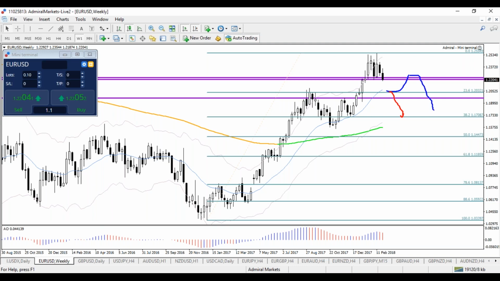But eventually, the 38.2 fib will be the next level to think about. Ultimately, after it finishes 3 waves, I wouldn't be surprised if it gets, 38.2 fib would be the minimum, but it could go even to 50 or 61.8 fib. Any of these three are the most likely bouncing spots.